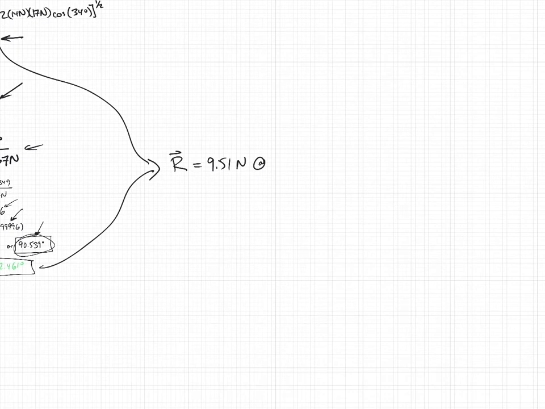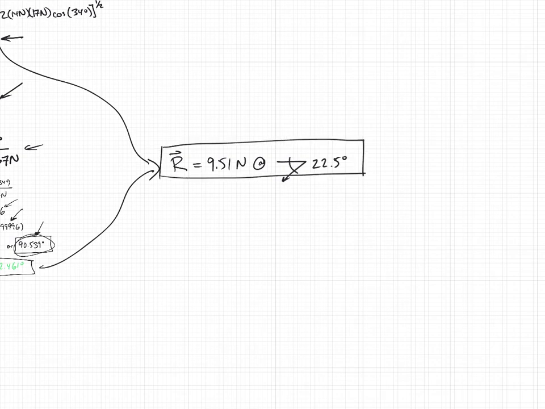So we'll say relative to the negative x direction, I'm going to turn that way, which is counterclockwise, and this is going to be 22.5 degrees. And that is the answer to part A.